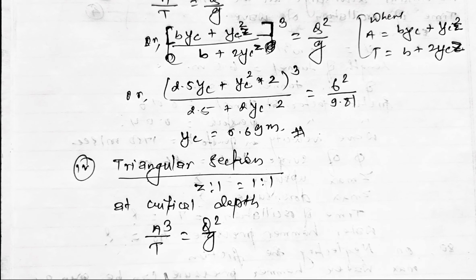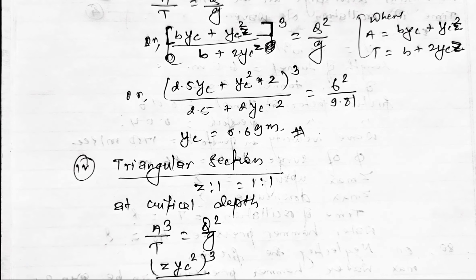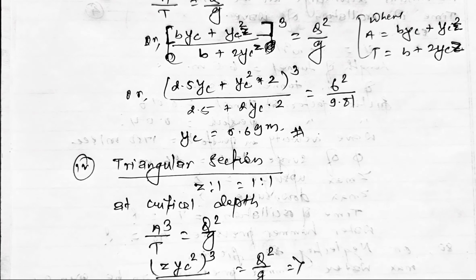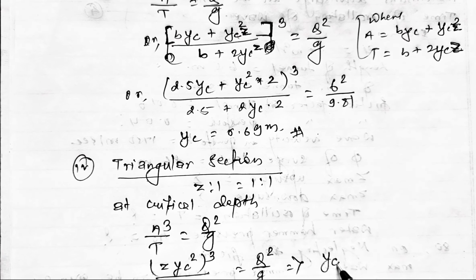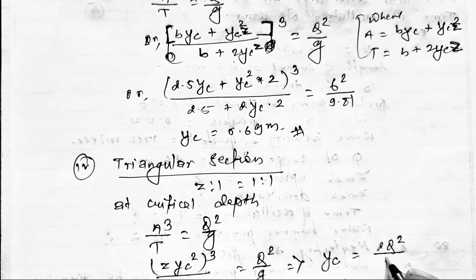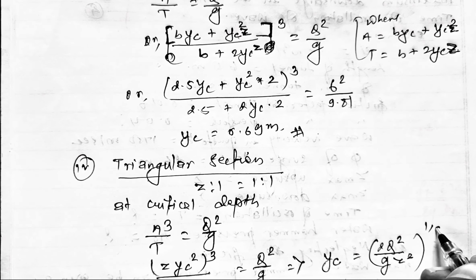Area of triangle can be given as z yc whole square, power 3, divided by twice of z yc, equals Q square by g, where yc can be written as twice of Q whole square by g z square, power 1 by 5.